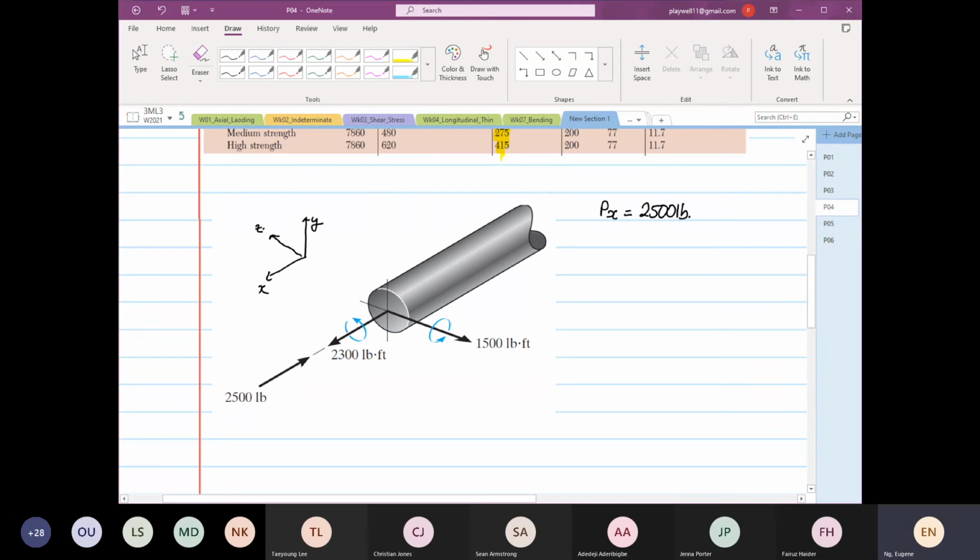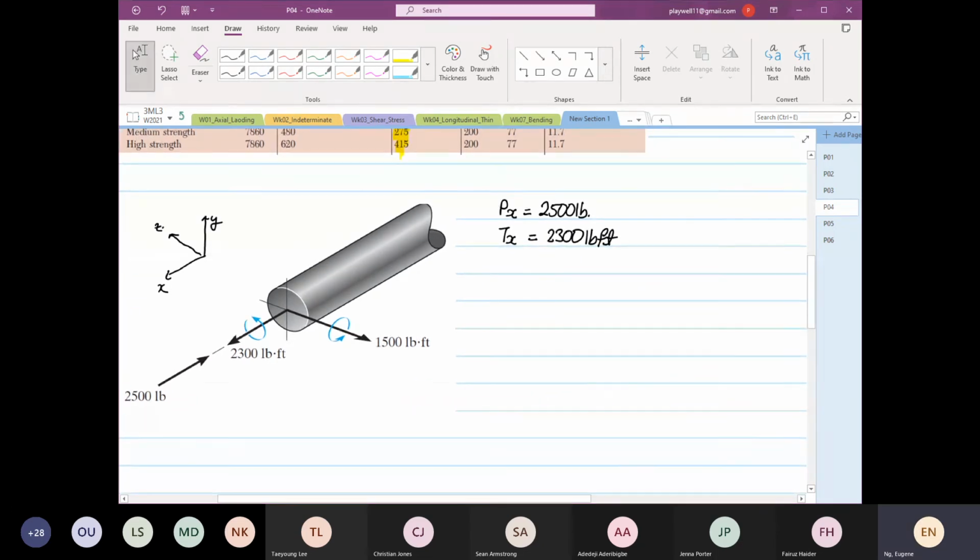And then we know that we have a torque in the x direction, which is 2300 pound-feet. And we have to change this to inches because our stresses are in inches. So 2300 multiplied by 12.